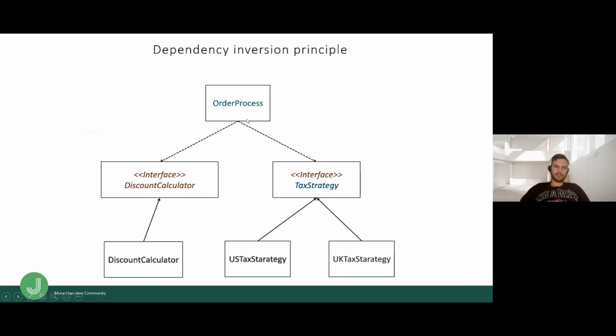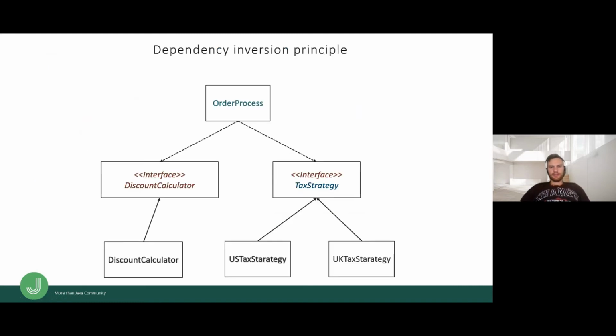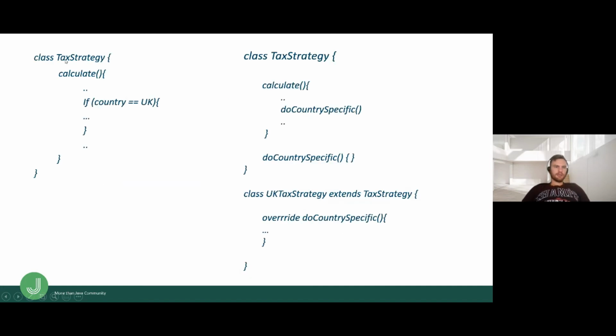You should pass this object into the class. So let's say we violate this principle. Instead of having two inheritants, we have one class, and it is a particular implementation.